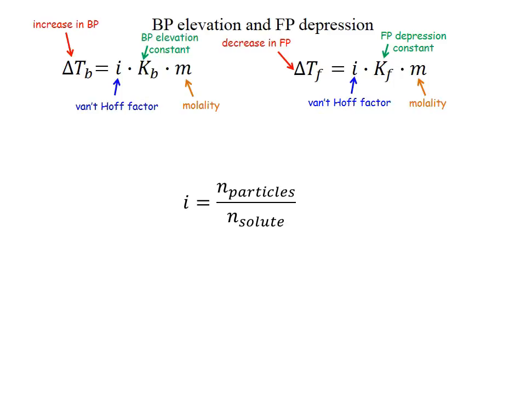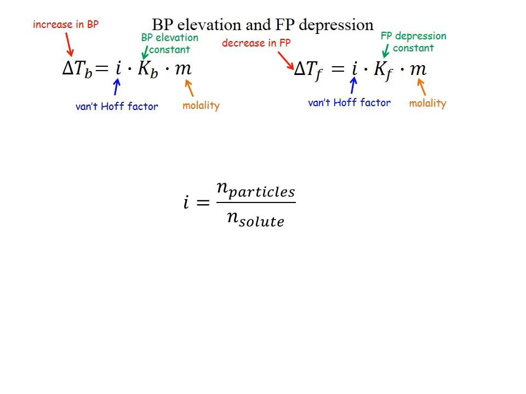So let's talk about the Van't Hoff factor first of all. We've already seen this a little bit when we looked at the freezing point of sodium chloride solutions and compared those to the freezing point of non-electrolyte solutions like ethanol and methanol. We noticed that sodium chloride, because it dissociates into 2 particles per solute particle, has an exacerbated freezing point depression, that it has more of an effect.